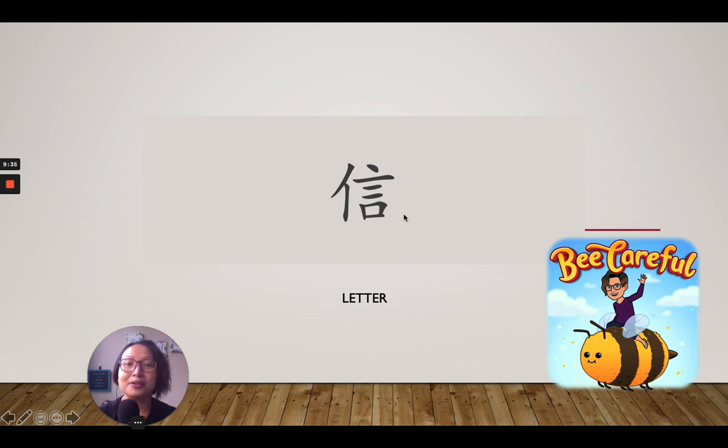For example, the word 信, we have the 言, but we also have the 亻 on the left. 左手邊嘅企人邊先至係呢一個字嘅部首. So we just have to be very careful when we are looking at the words. The more we read, the easier it gets and the more we know.